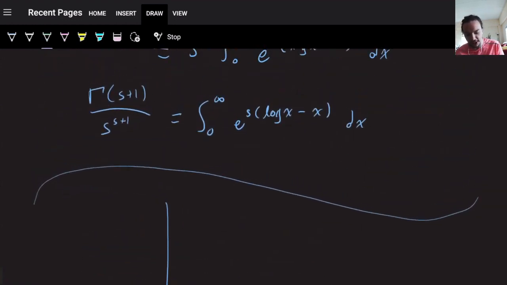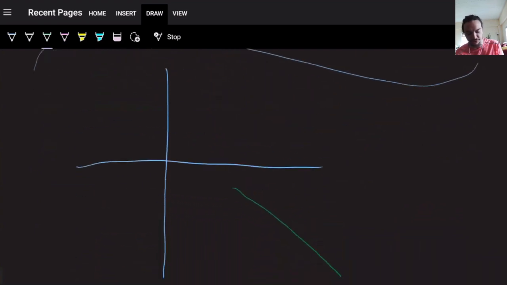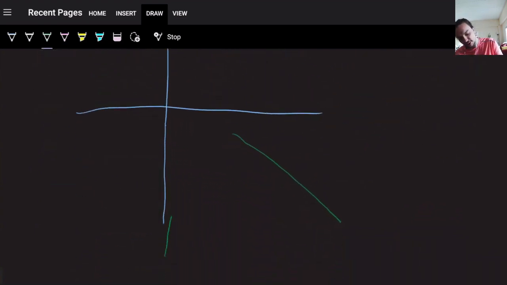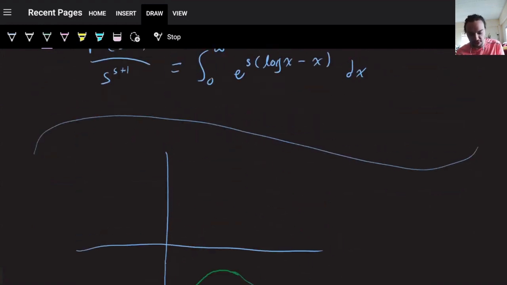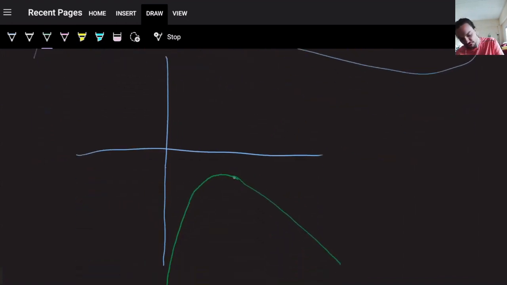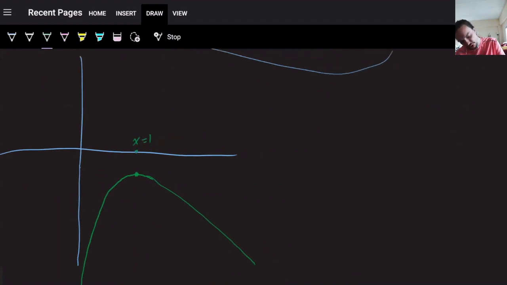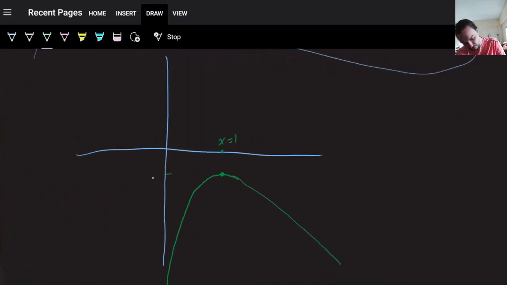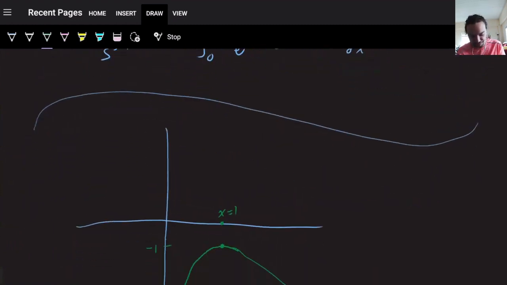For x small, the x part is near 0, and log x is very negative. So we get something like that. In particular, at x equals 1, we have log of 1 equals 0, and we get minus 1. And this is actually going to turn out to be the max of the function. Okay.